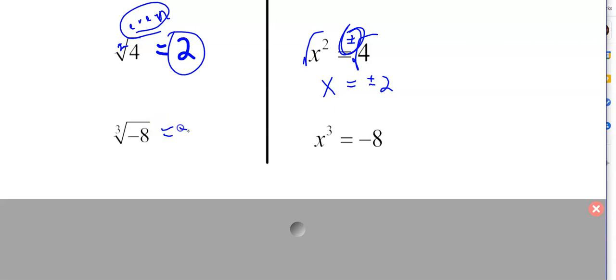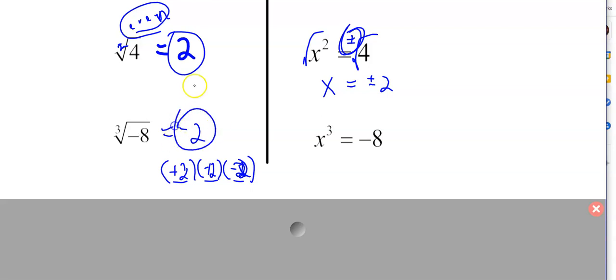In fact, the answer to this one, if you type in your calculator, is negative 2, because negative 2 times negative 2 times negative 2 is in fact negative 8, because we have three negatives. The first two negatives maybe make a positive, but this one still makes a negative. So it's quite possible to have an odd root of a negative and get a negative answer. There's no imaginary. If you take the even root of a negative, you're going to get an imaginary answer, but there's no imaginaries here.